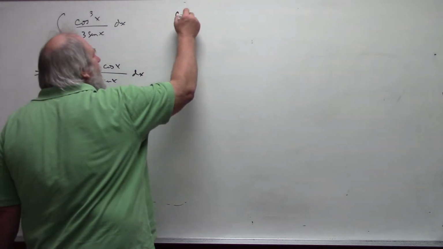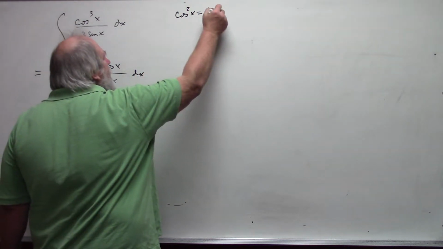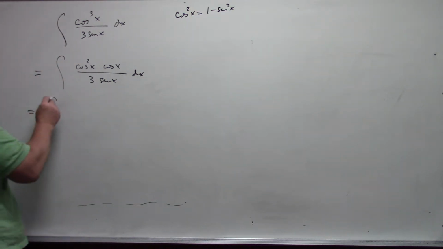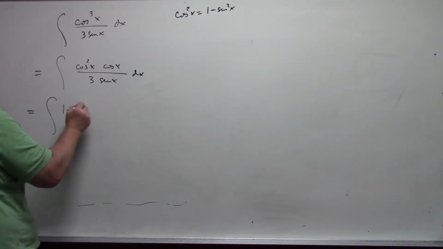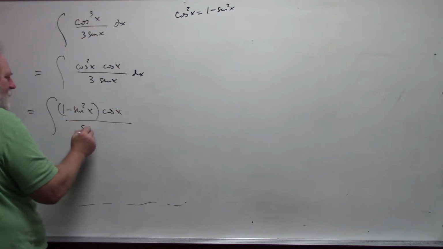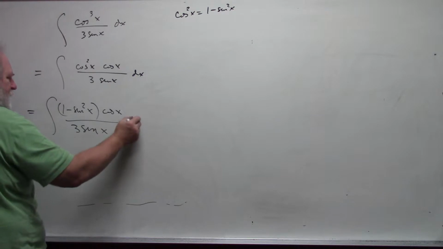Cosine squared of x is 1 minus sine squared of x. So this becomes 1 minus sine squared of x times cosine of x over 3 sine x.